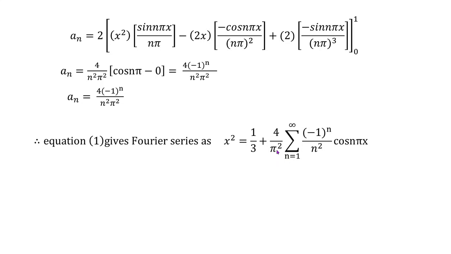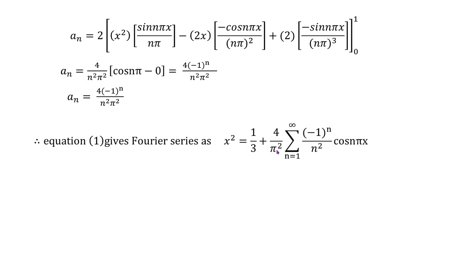In this way we have seen that when we have an arbitrary period of the form minus L to L, the very first thing one has to do is to check whether the function is even or odd. If you find the function as even, then you just have to evaluate a0 and an, and if the function is odd, then we need to just evaluate bn.